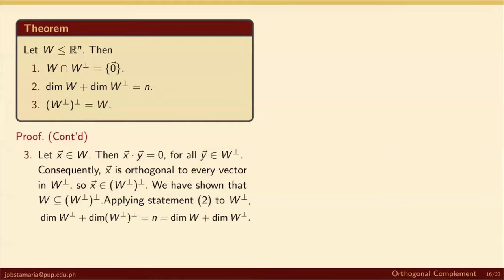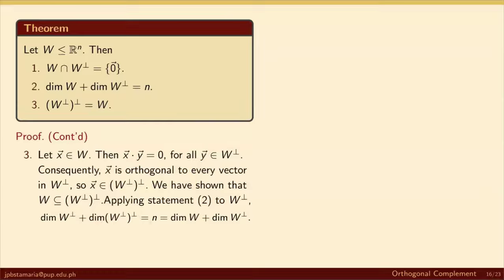Okay? So if we apply the previous result, which is statement number 2, to W perp, not to W, we know that the dimension of W perp plus the dimension of the perp of W perp has to be n as well.